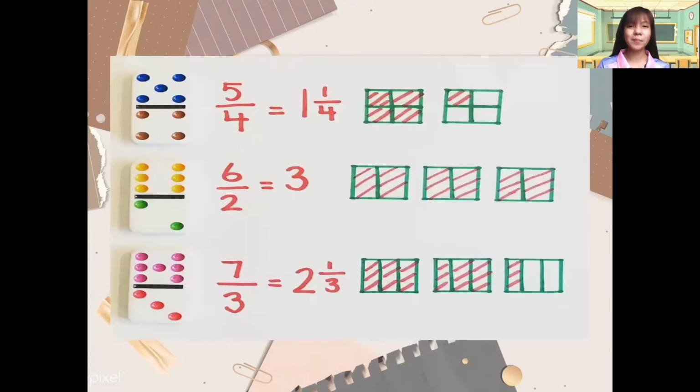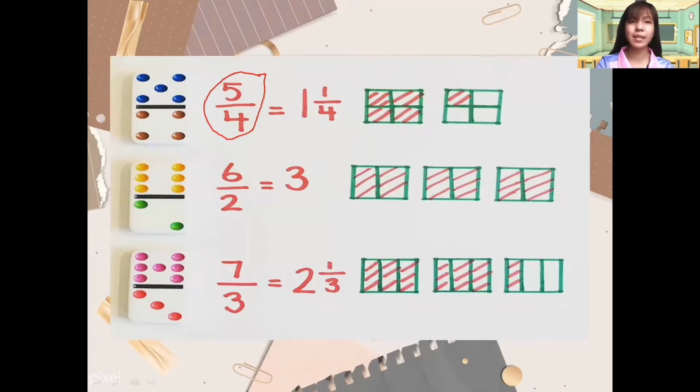So, first, I'm going to show you this one again, just a quick recap. This is how you're going to simplify your answer. Here we have 5 over 4, right? This is an improper fraction.